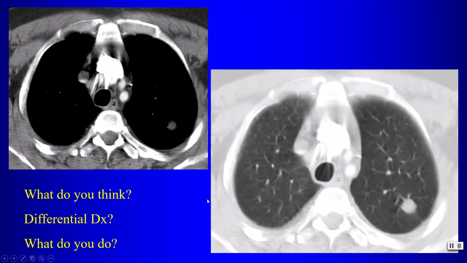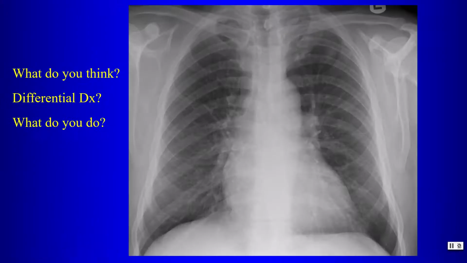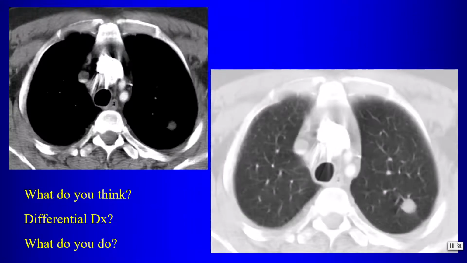The findings here are still non-specific. The first thing, when you're dealing with a lung nodule on a chest radiograph, is to get old films, and we'll talk about why that's important. If we don't have any prior studies, then in the workup we will do CT, trying to decide if the nodule is benign or indeterminate.